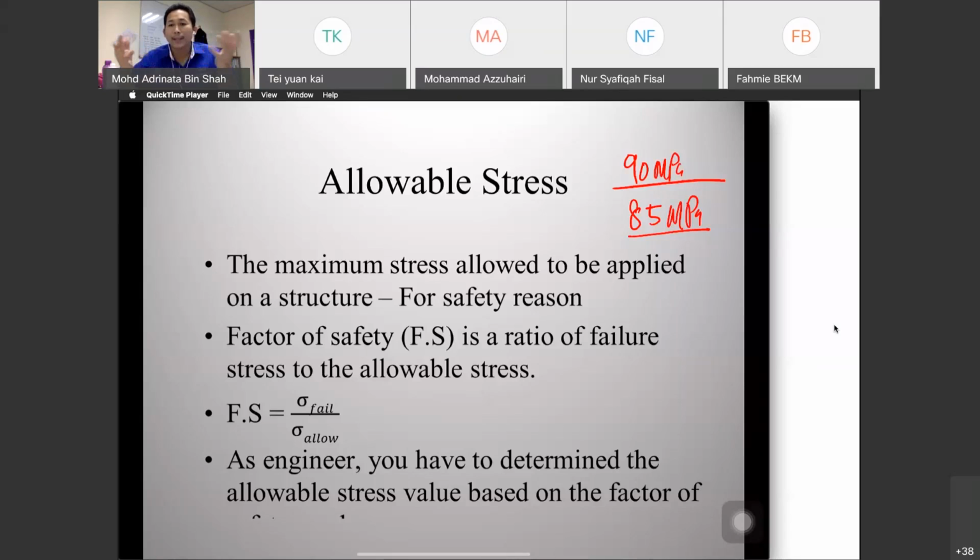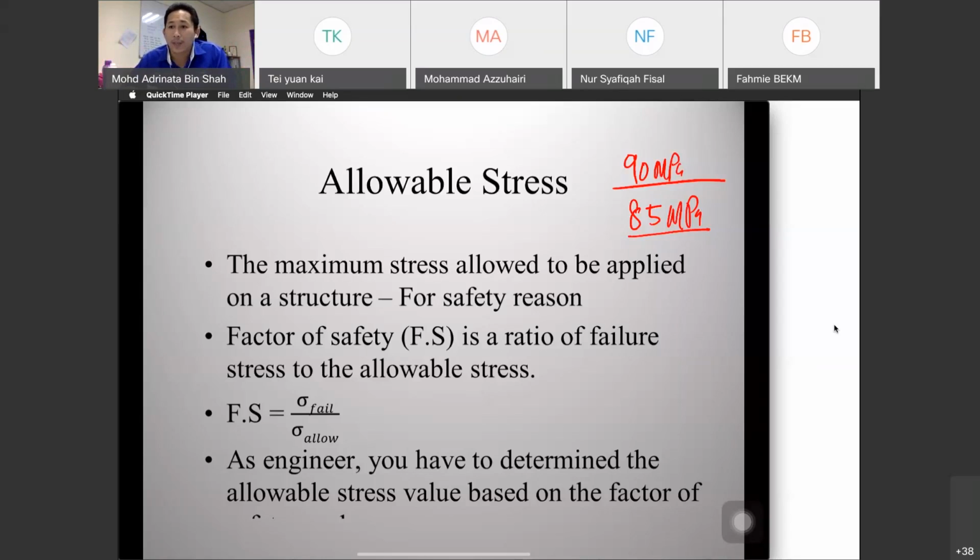What is the reference for us to design our components, our products, our bridge, our building, our car engines?